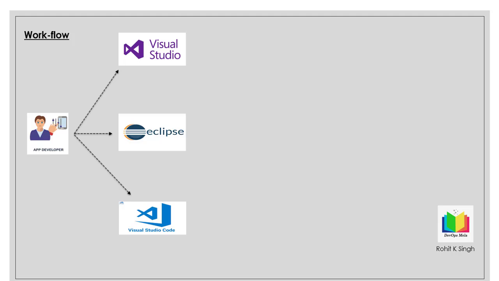Once he's done with the local build, he will push the changes to the local Git repository. So basically he will commit to the local branch itself. Once he's done with the testing and development, and everything is well thorough at the local level, he will push the changes to the remote repository.